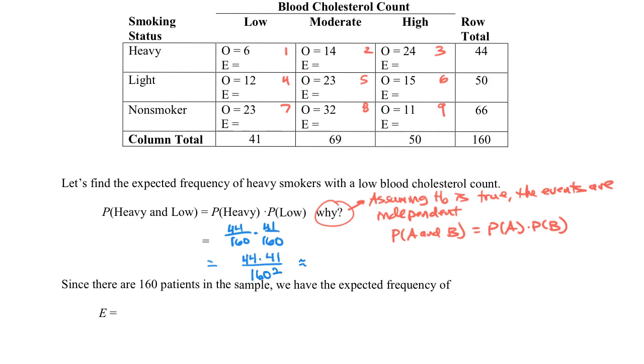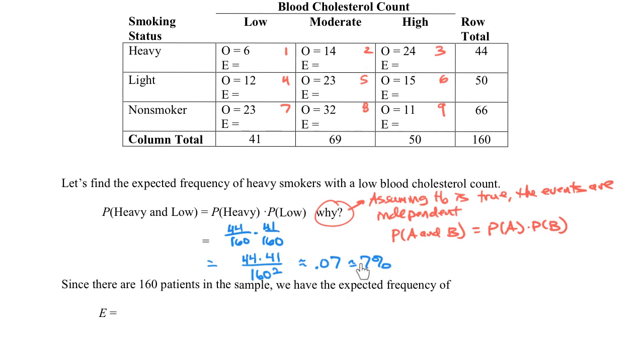If you actually did the calculations, you get about 0.07, roughly 0.0705. So basically 0.07, which means about 7%. If these were independent, we'd expect about 7% of the patients to be heavy smokers with low blood cholesterol count.